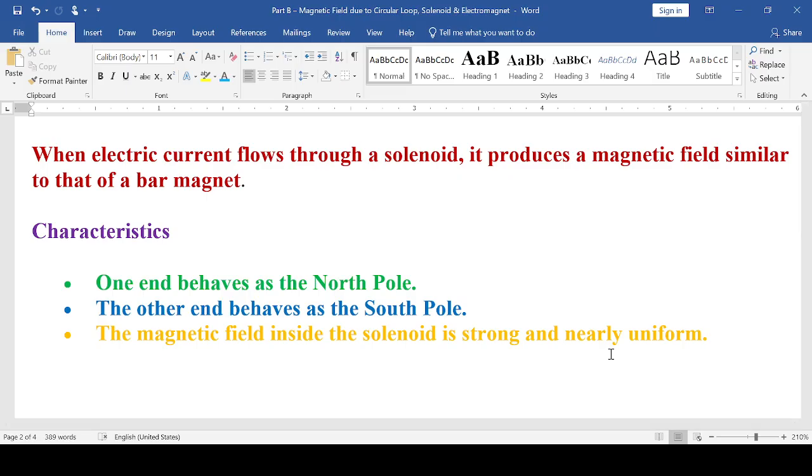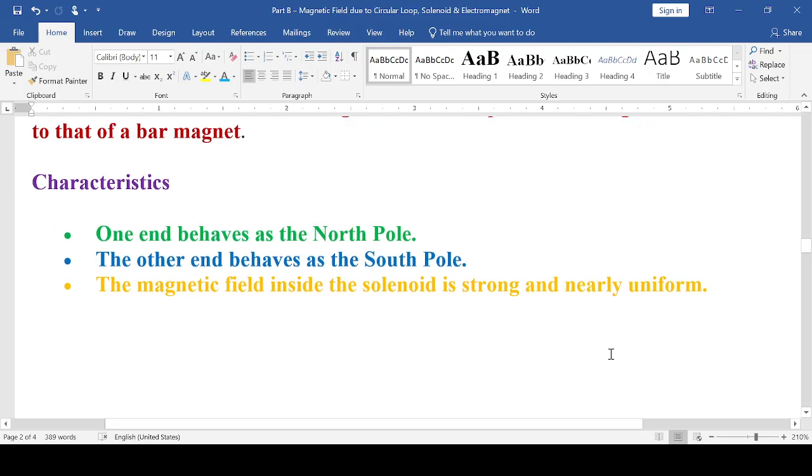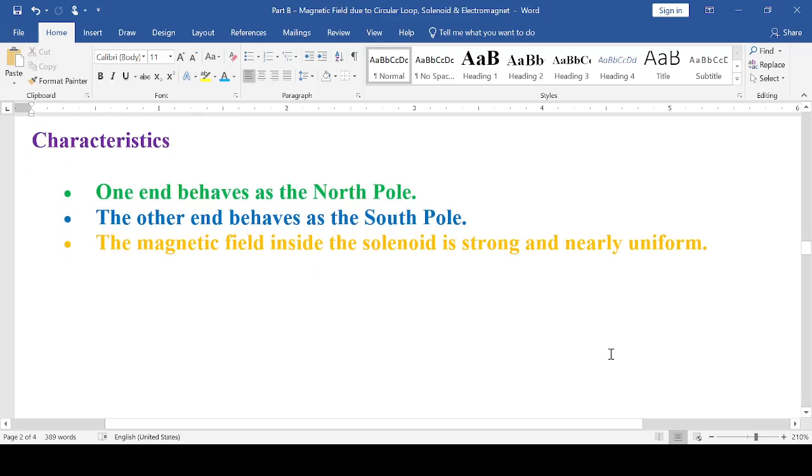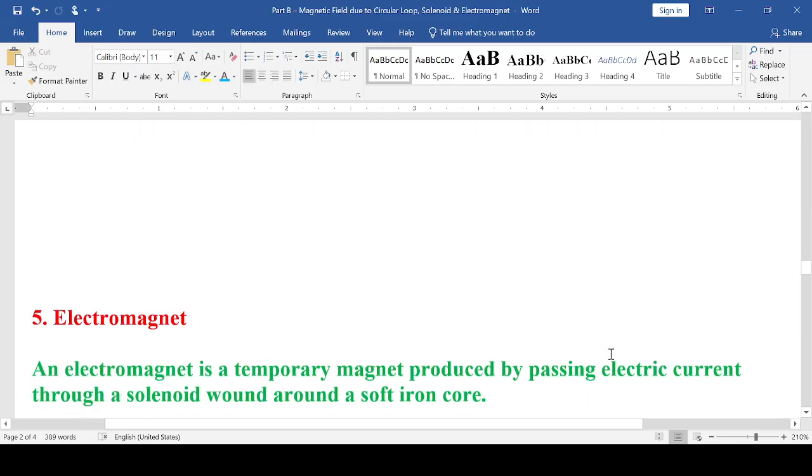The magnetic field inside the solenoid is strong and nearly uniform.